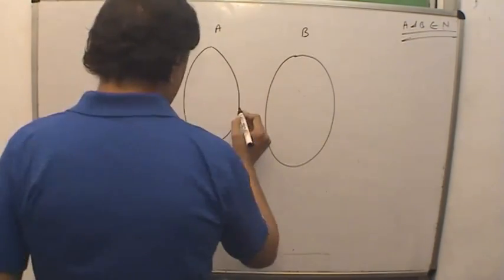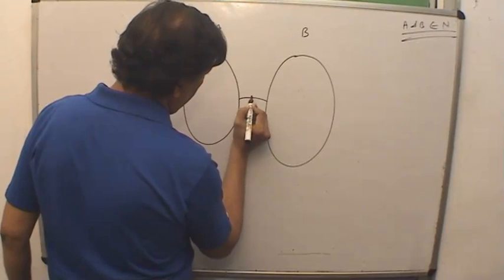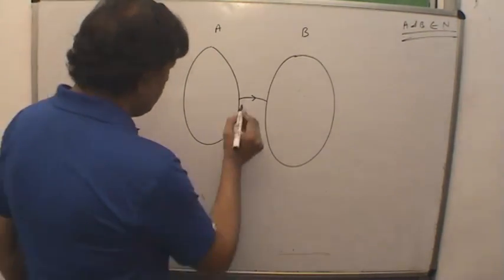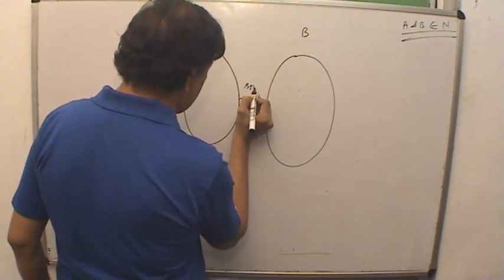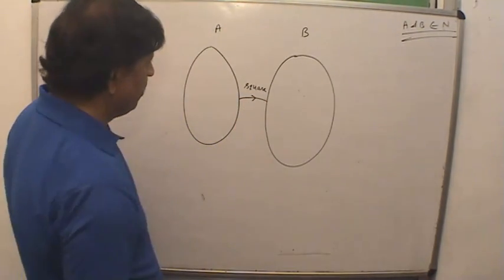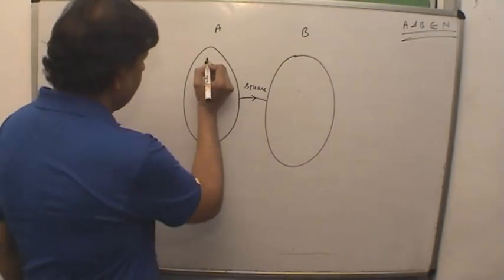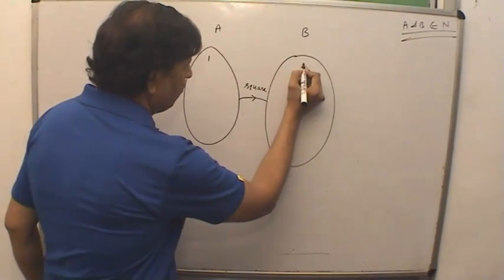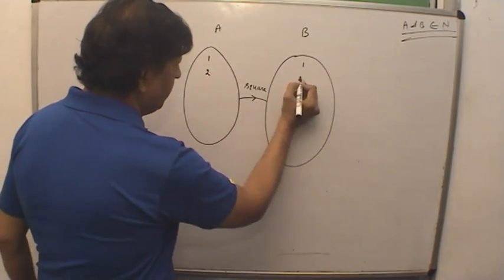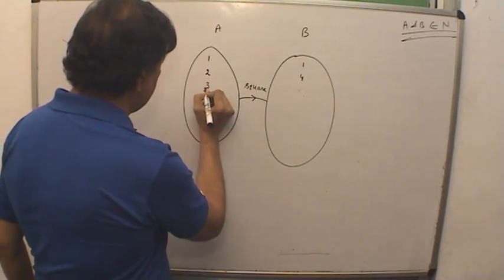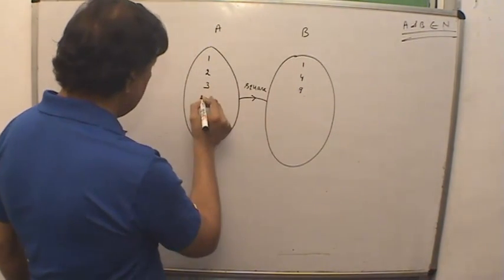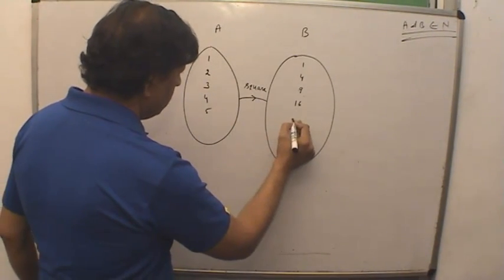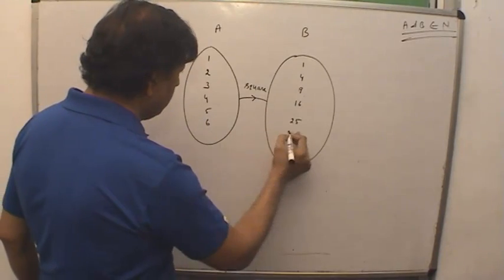Now, we define a relation from A to B. Say it is square. It means every element in A has its square in B. 1 square is 1, 2 square is 4, 3 square is 9, 4 square is 16, 5 square is 25, 6 square is 36.